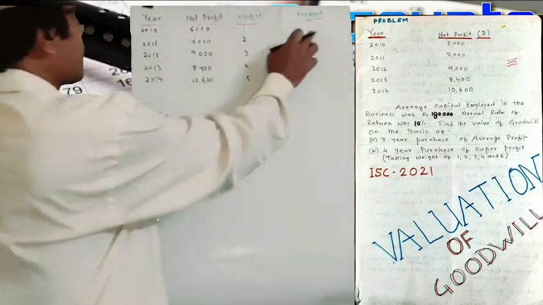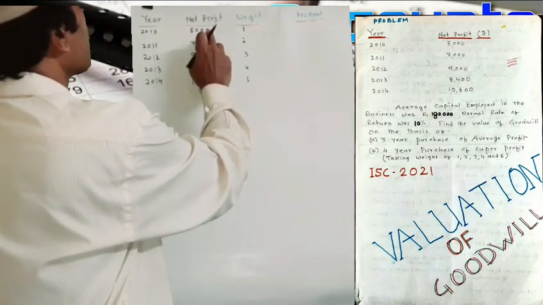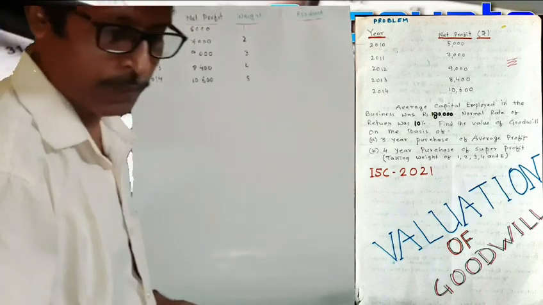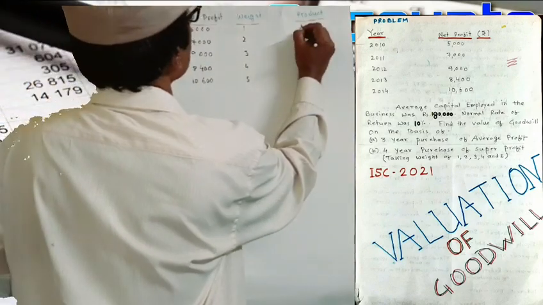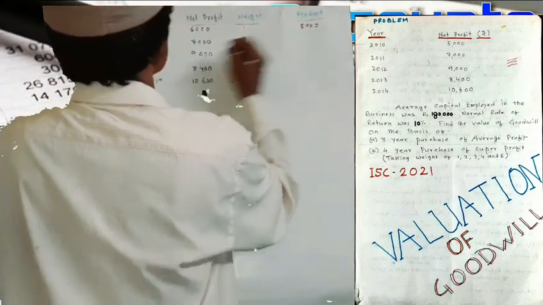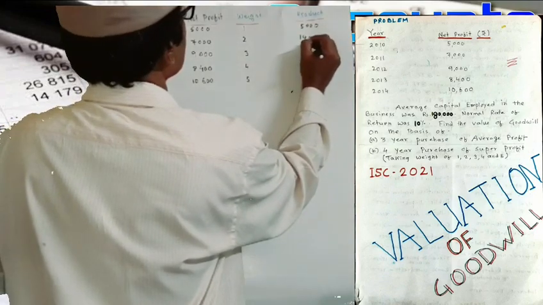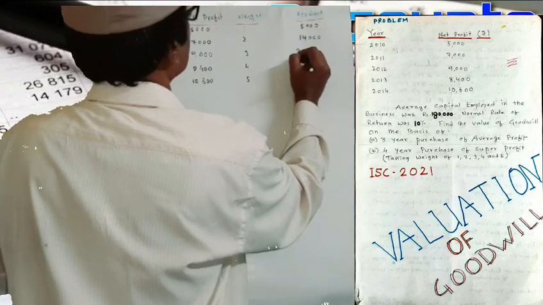Then the product, that means multiply net profit into weight: 5,000, 14,000, 27,000.